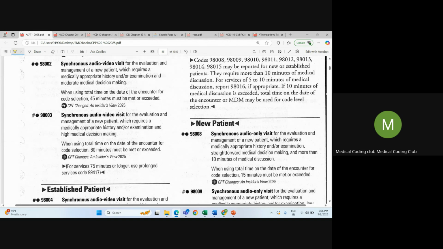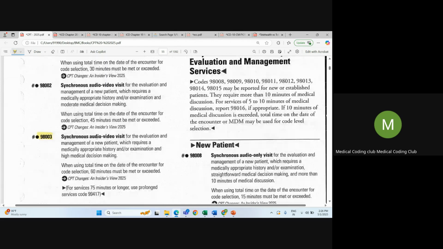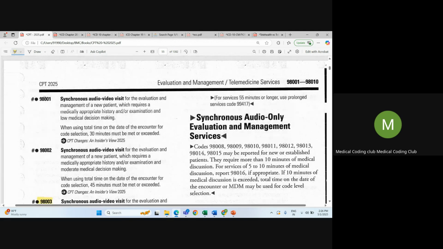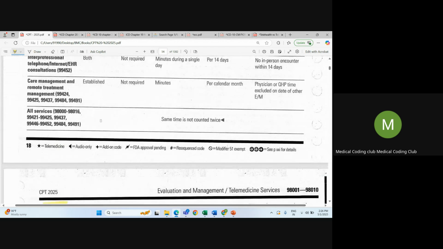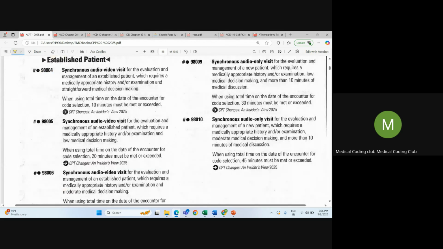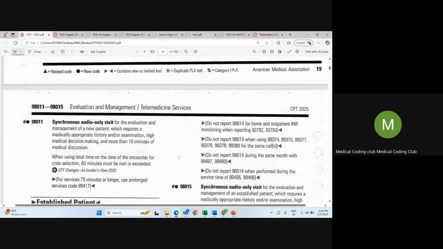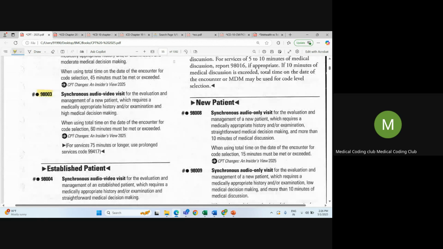So under E/M, you are able to see them. Many people, like my students, say they are unable to find these codes. So I'll just show you. See here, the updated codes are in the 2025 book, page number 18 and 19. Okay, previously it was in the medicine section.